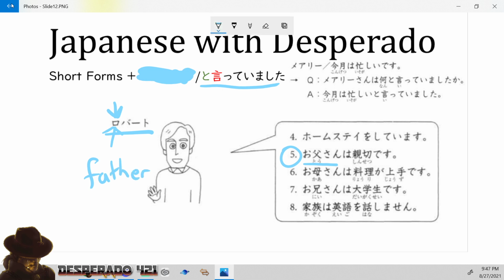Oto-san wa shinsetsu desu. Very good. Shinsetsu is kind. It's also a na adjective. Okay. So it's just saying Robato's a kind father. No, Robato's father. Father is kind. Yes, and he's specifically talking about his homestay father in this case. Yeah, I figured.